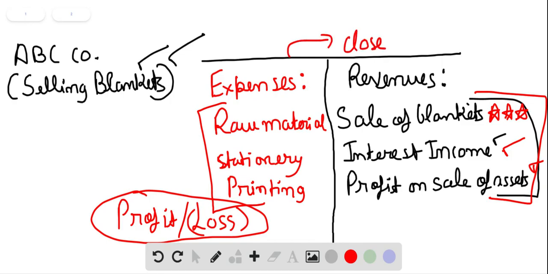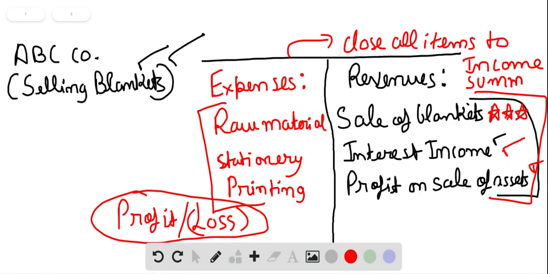Please write it down: close all items to income summary. And how do we close down all the items to income summary? By passing the closing entries. We will understand how to pass the closing entries for each item.